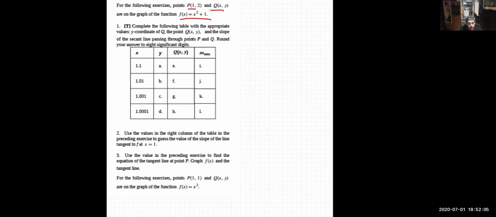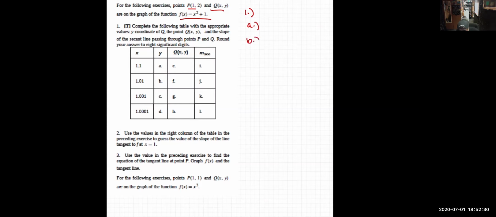All right, so let's start to list these through. So 1a. The x value we're being given is 1.1. So the y value is just going to be plugging 1.1 into the function. Let's go ahead and enter that into our calculators. I'm just going to type in the function, and then look it up on a case-by-case basis.